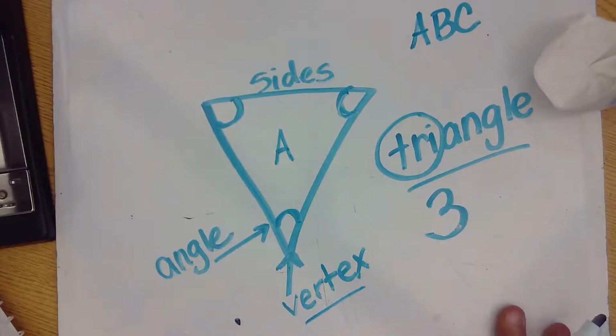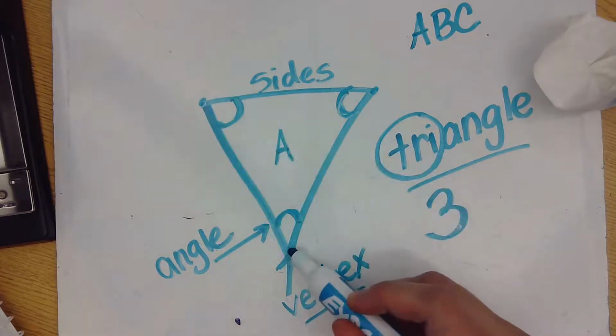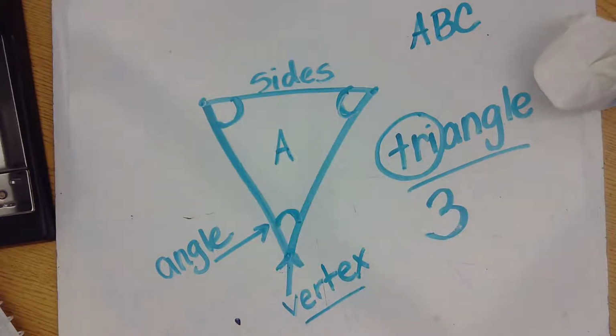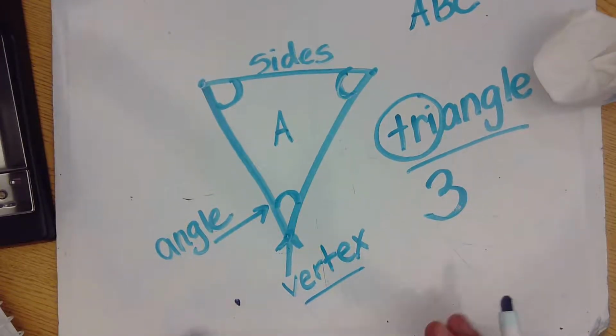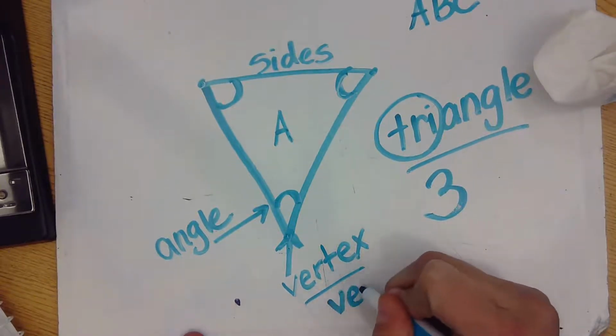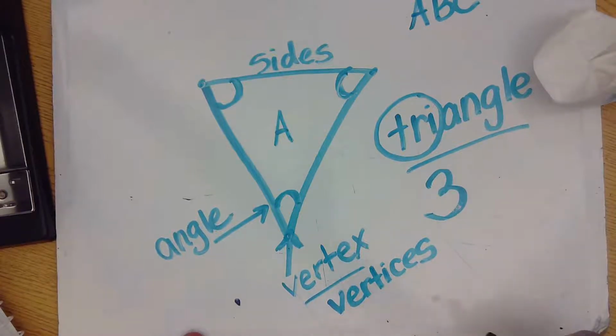Now, if I see three of these, we don't use the word vertex anymore. We actually use the plural word of vertex, and that is called vertices. So this shape has three vertices, otherwise known as three different vertexes, right? We just don't say vertexes, we say vertices.